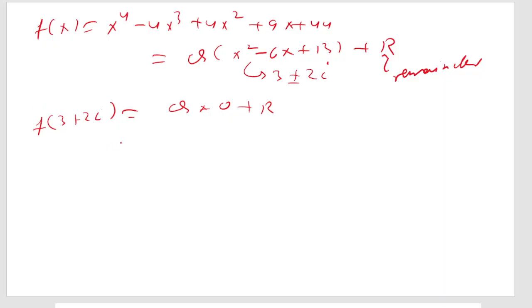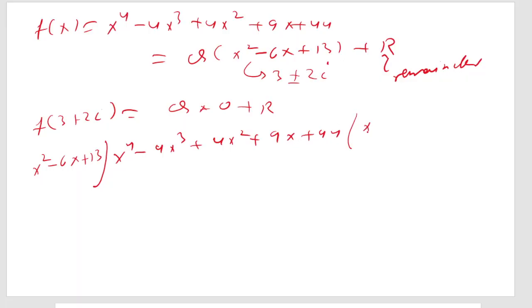So let's find it. How do we get the remainder? We will divide x to the power 4 minus 4x cube plus 4x square plus 9x plus 44 by x square minus 6x plus 13. So we'll solve it.